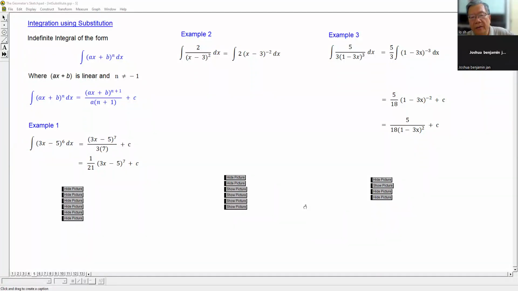This is correct. This is correct. Then you must know how to change.